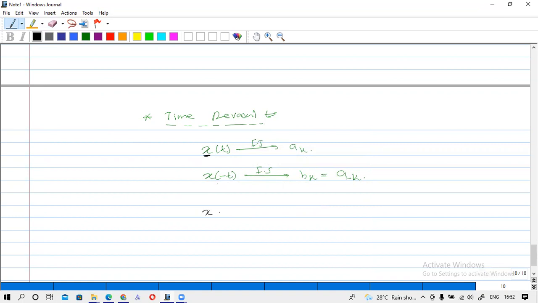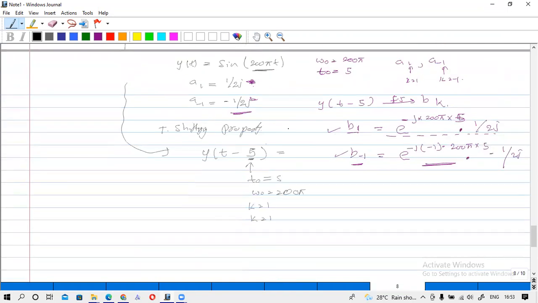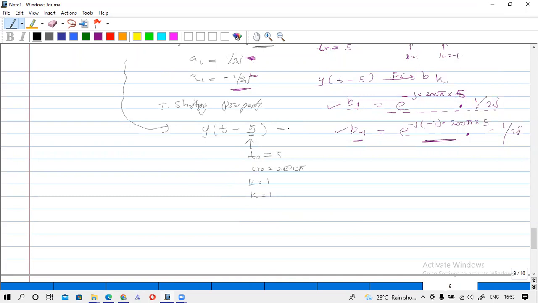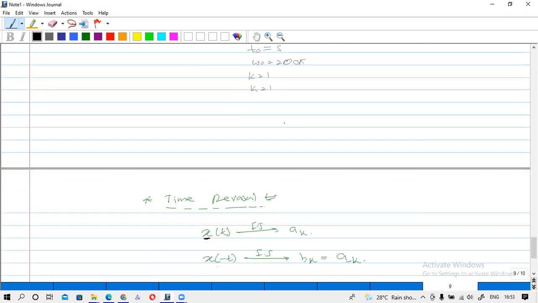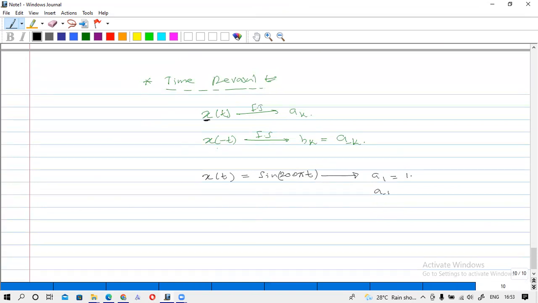This letter is only to represent the signal, x(t) or y(t), any signal you like. The a_k for this signal: we have a_1 and a_-1, which we have already found. a_1 is 1 by 2j, and a_-1 is minus 1 by 2j.